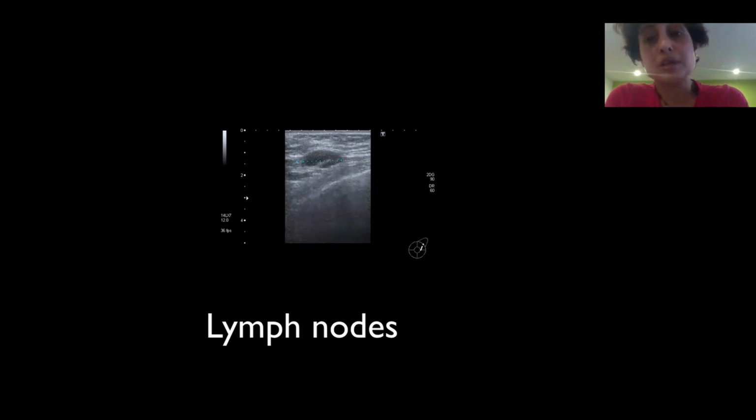Just see what is acceptable for the place that you work at, and anything above that you would perform a biopsy on. Again, biopsy could be a fine needle aspiration, so cytology, or a core biopsy. Either can be done. Also, focal cortical irregularity is another thing that would tell you that the lymph node is abnormal.